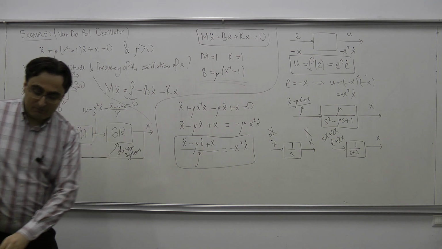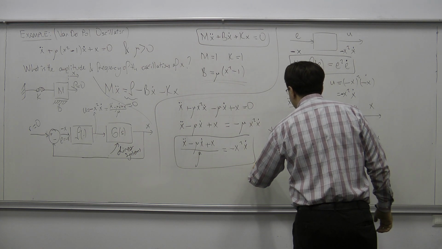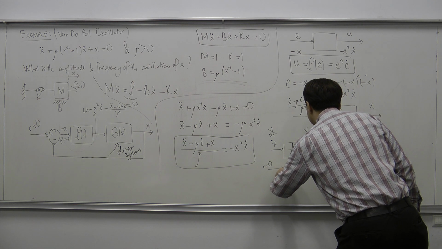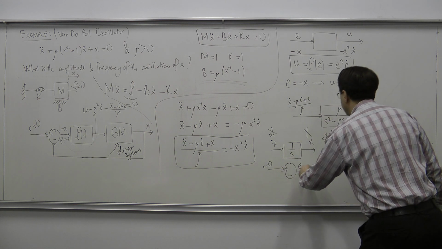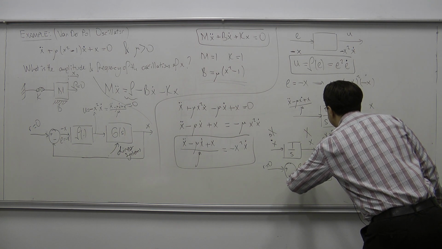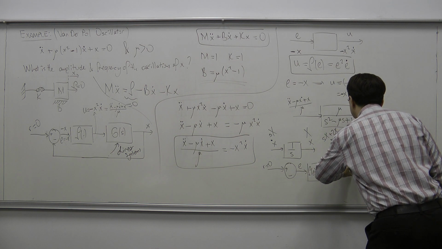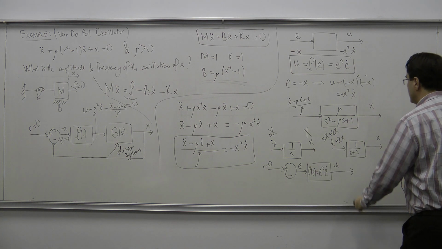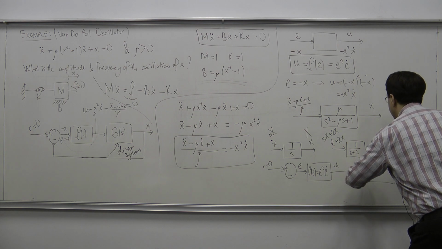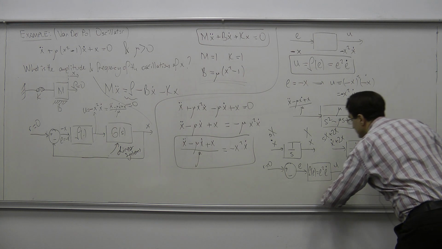So now we have obtained all components. So let me try to draw the block diagram here. The reference signal is equal to 0. And I would have the error signal here like this. And here the nonlinearity f of e is equal to e square e dot here. Here I would have u, and here I would have mu over s square minus mu s plus 1, and I would close the loop.